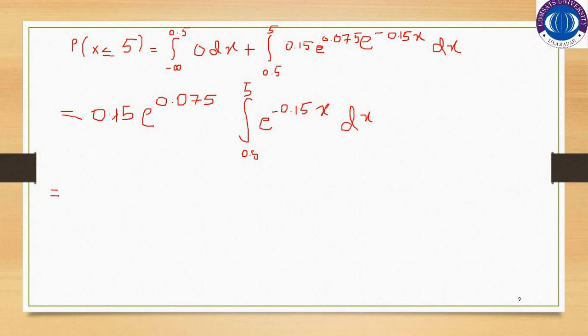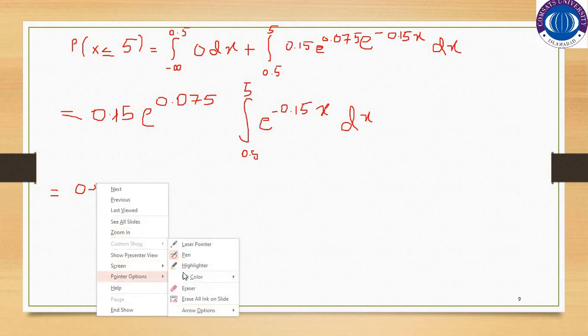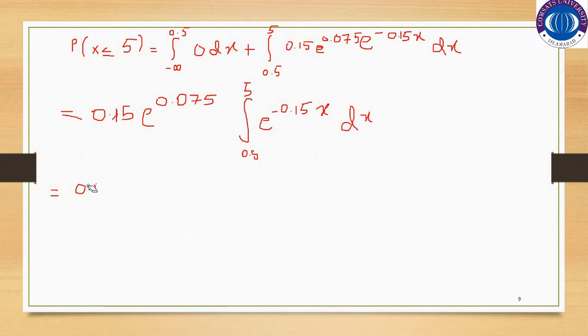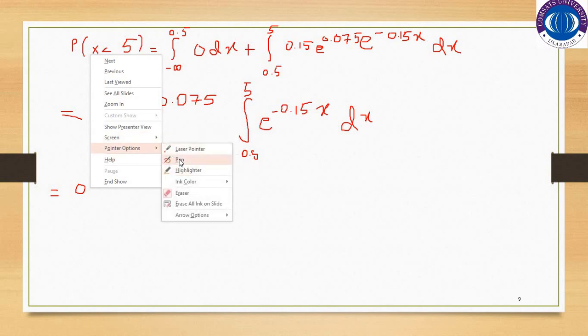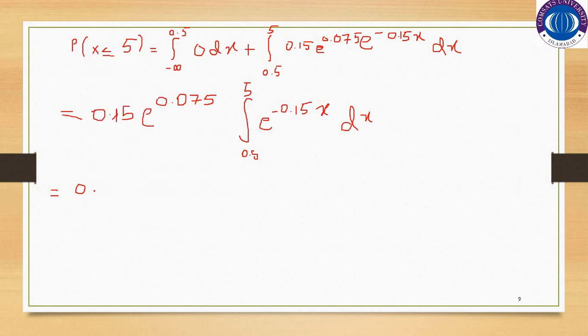So by simplifying it, we will get 0.15 into 0.075.